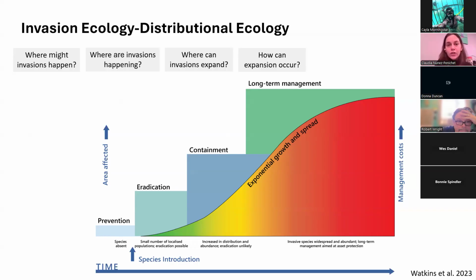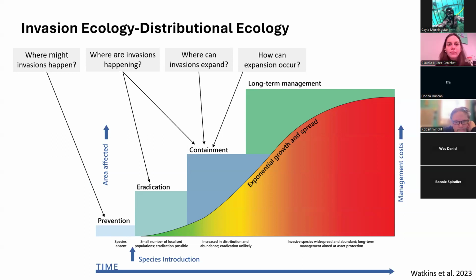From the distributional ecology perspective, we can ask these questions: where do invasions happen? Where can an invasion spread, and how is that expansion going to occur? All those questions are going to be useful at different sections of this invasion curve.